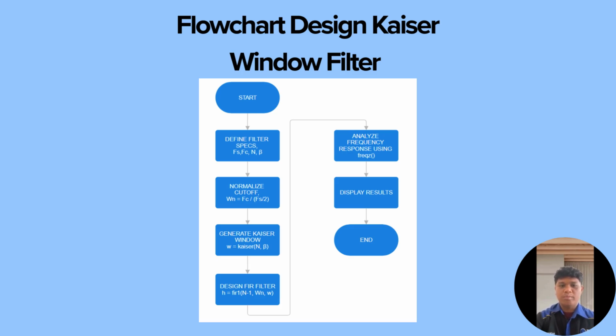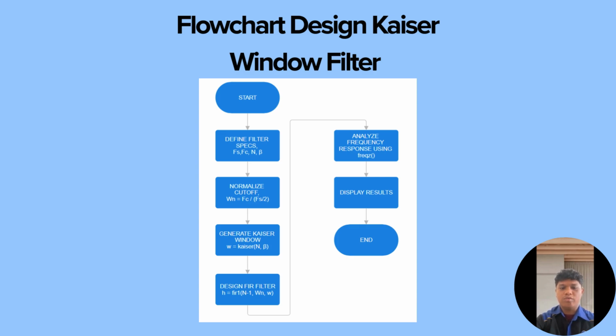First, we start the program and we define the filter spec, which is sampling frequency, cutoff frequency, the value of n and beta. And then we normalize cutoff using Wn equals Fc divided by half the sampling frequency. After that, we generate the Kaiser window using the code W equals kaiser(n, beta).